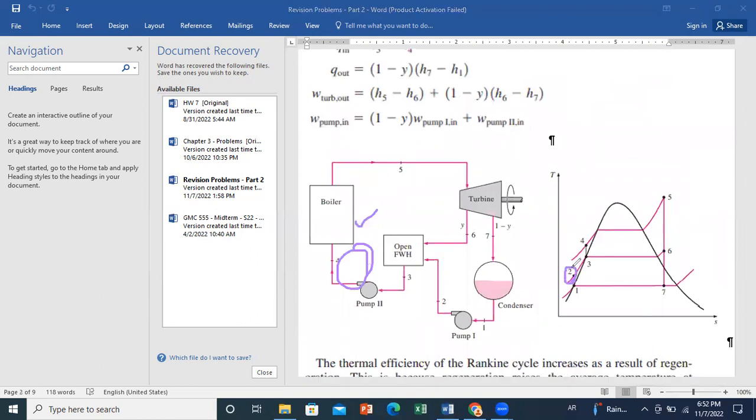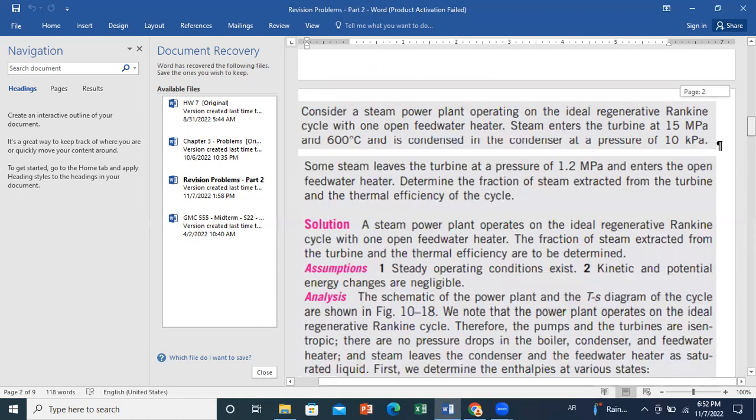If we don't have the tables for supercooled regions, or this point is not figuring in these tables, we can use another method to calculate H2, because H2 minus H1 is simply equal to W pump. Since we know W pump from V delta P, we can calculate H2 without having a table for the supercooled region. So we calculate H2 based on H1 plus W pump 1.